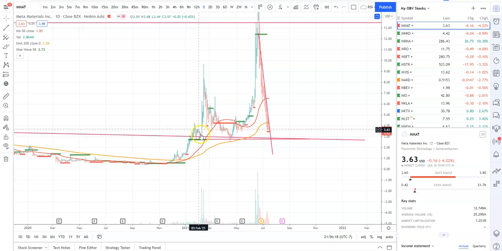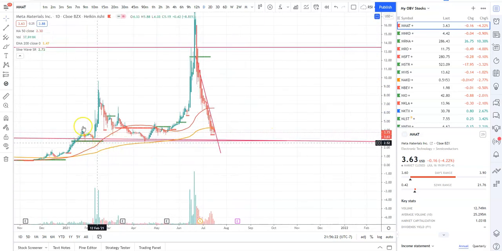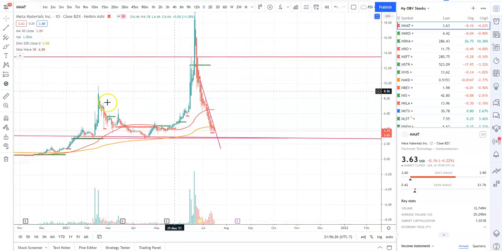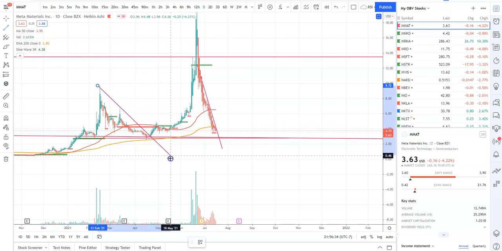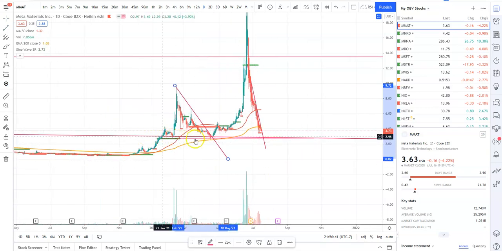The overhead resistance, you can see there, became support, and that is what propelled us on this monstrous trend that we went on over the last from January till June. Very interesting setup here, really looked good. And since then, again, we have pulled back way off those highs and are back down here near these levels of what was once a resistance, now has turned into a support.